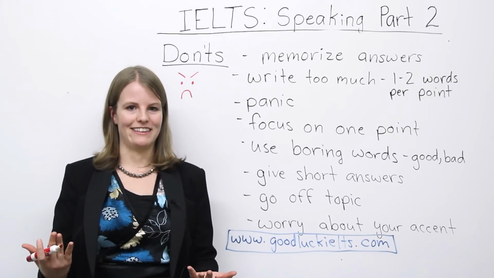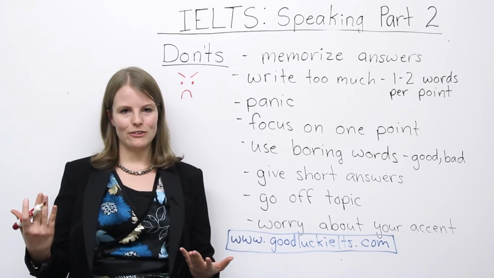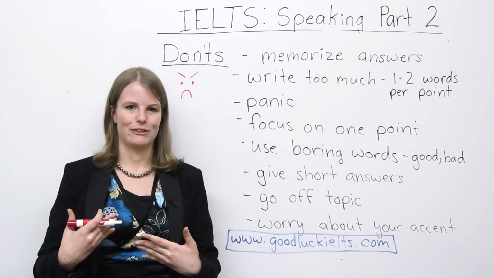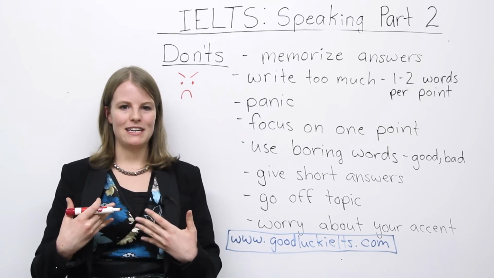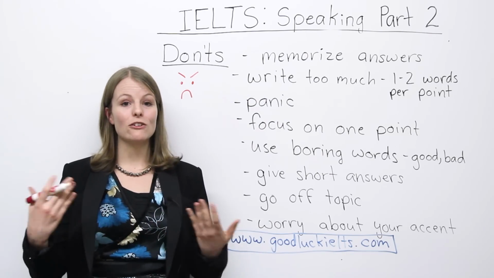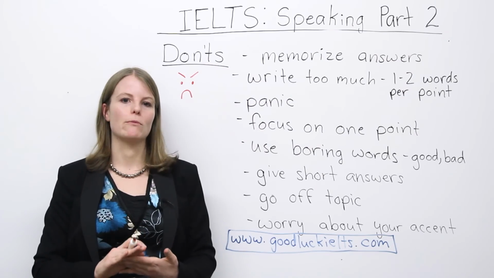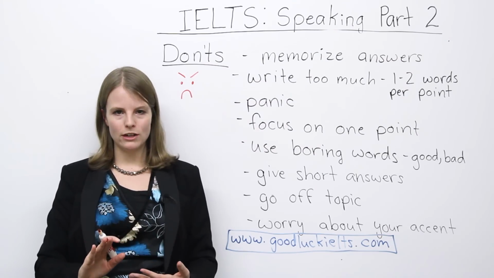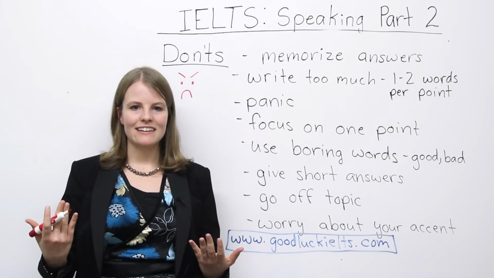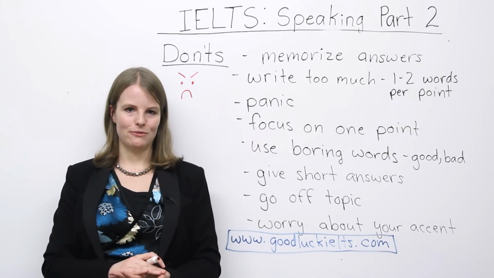Most people have accents, so you don't have to worry about your accent. Actually, everybody has an accent. I have a Canadian accent, for example. Now, does my Canadian accent mean my American friends cannot understand me? No. So it's okay if you have an accent. The main thing is that people understand what you're saying. So don't worry about your accent. Worry more about enunciating things, about saying things clearly. That's what you want to do.